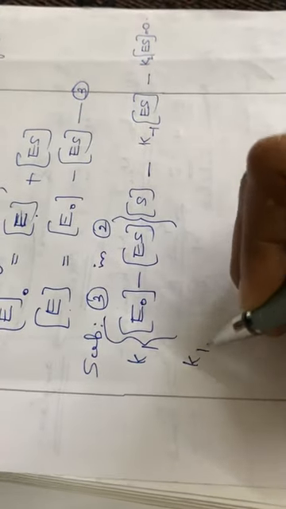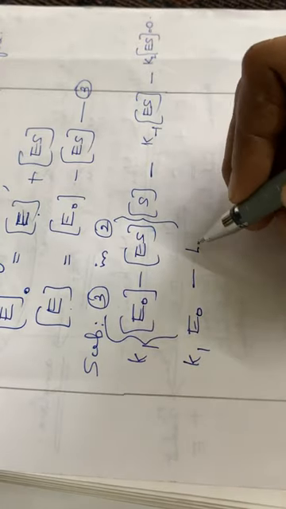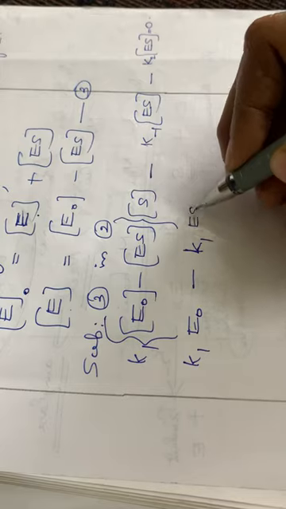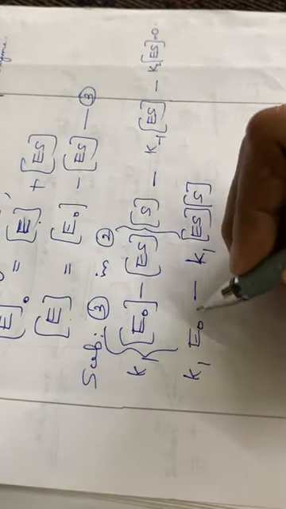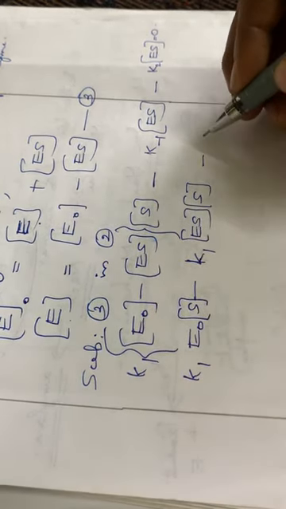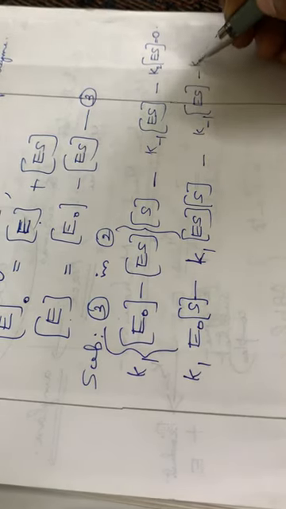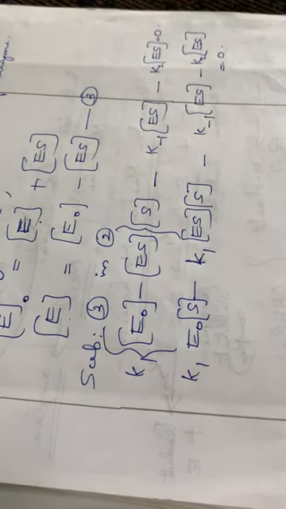That is K1 into E0 minus K1 into ES into S. You have to open the brackets and multiply. K1 into E0 into S minus K1 into ES into S minus K inverse into ES minus K2 into ES is equal to 0.